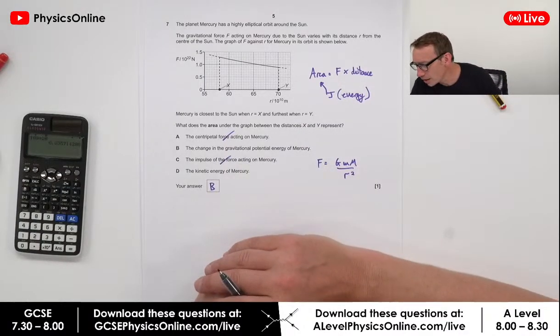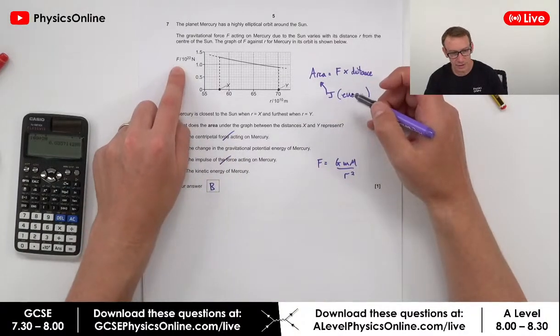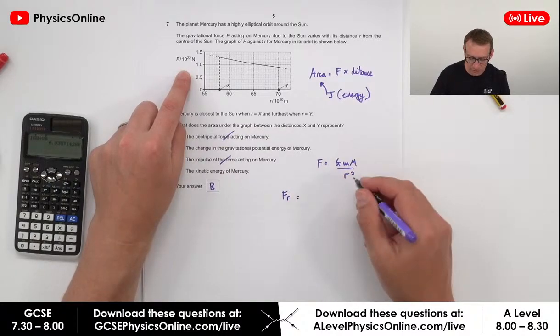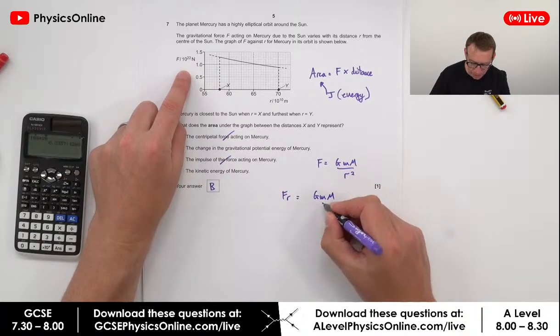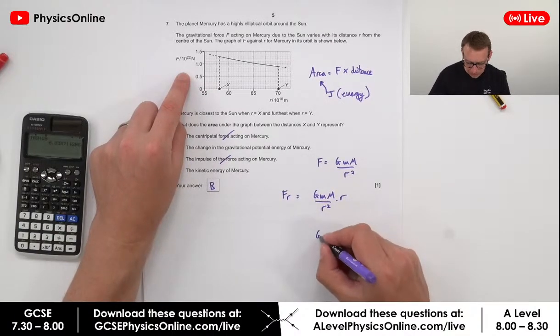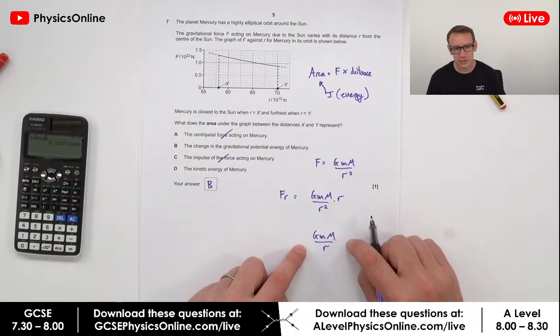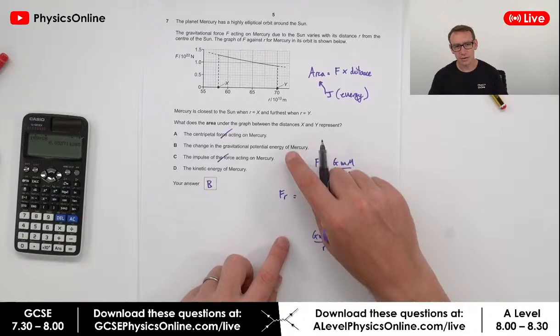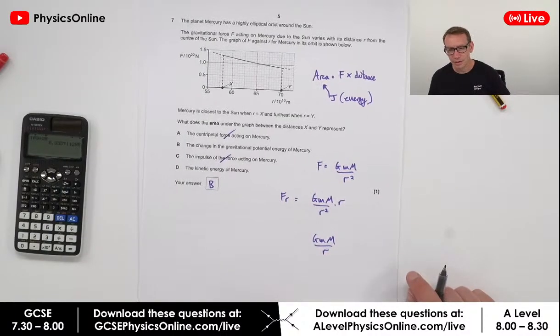And what we have here is the area is equal to F times r. So that's going to be equal to the force, which is GMm over r squared, times r. And that is equal to GMm over r. And that's therefore to do with the gravitational potential energy and the change in gravitational potential energy.